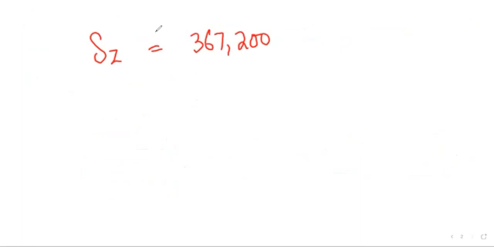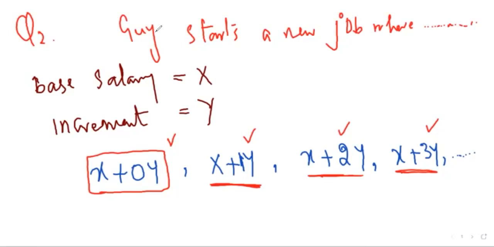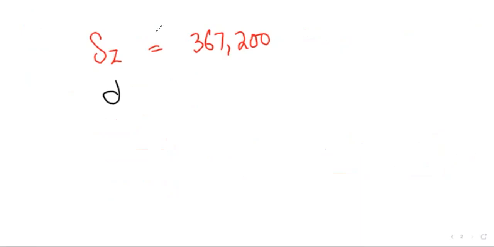So we know that in an arithmetic sequence, we can find out the difference of terms. Difference is actually the second term minus the first term.